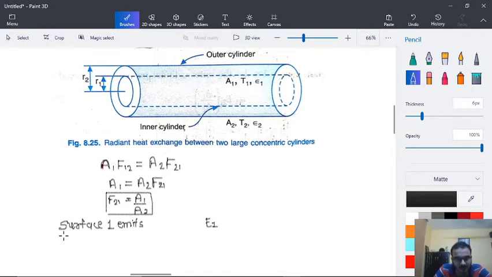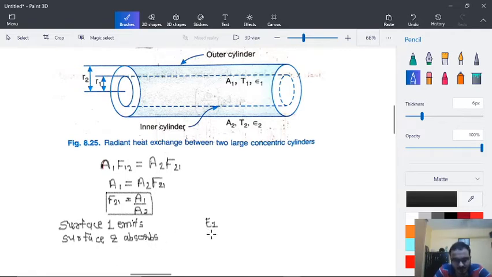Now let us take surface 2 absorbs alpha 2 E1.